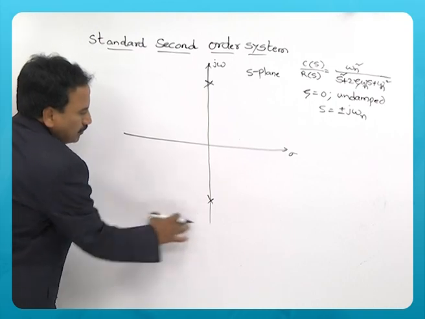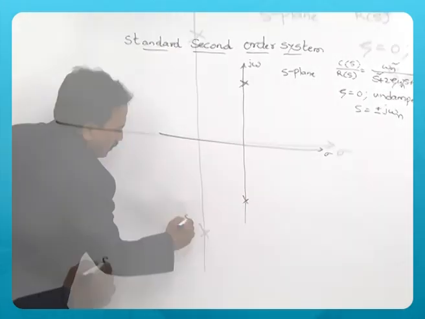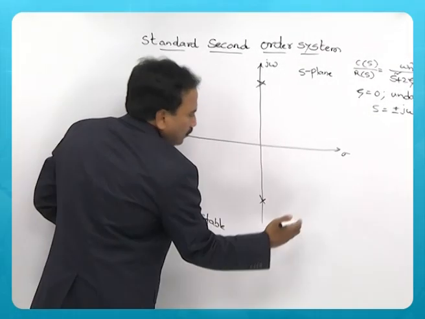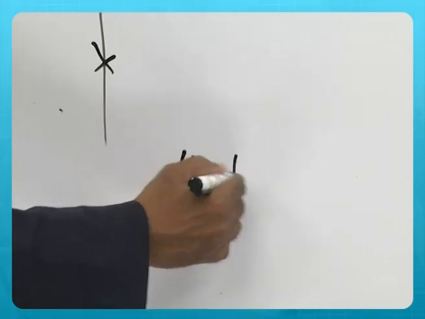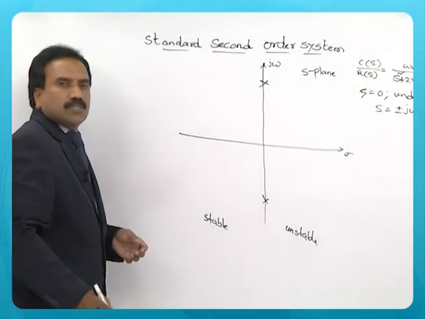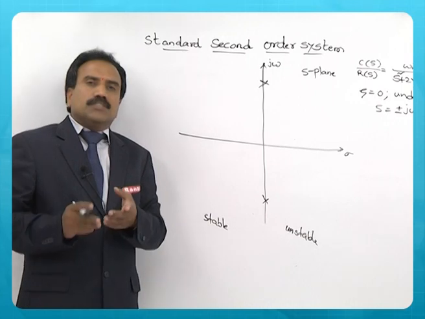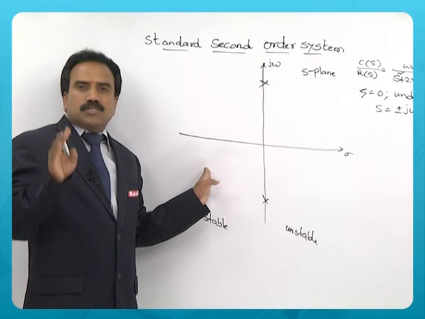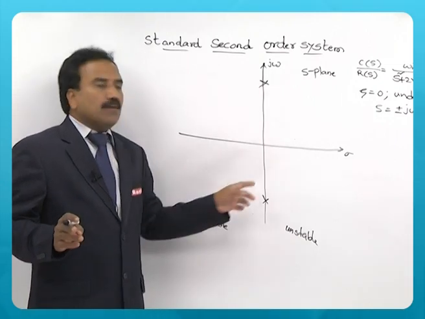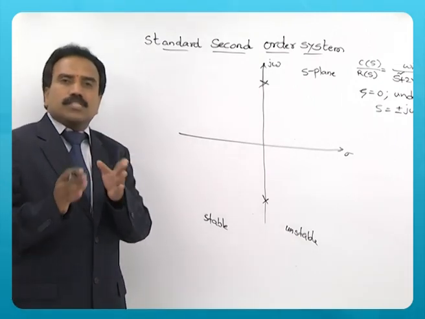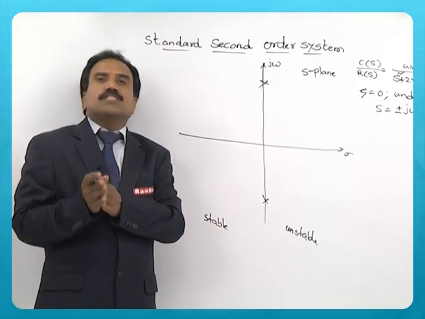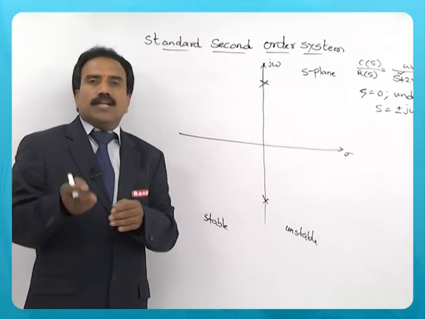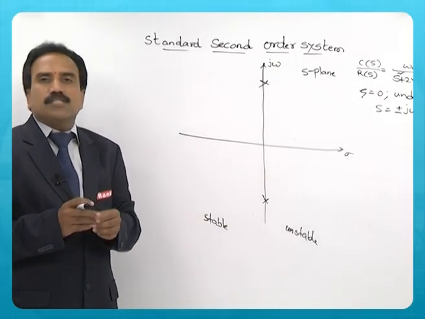The left half of the s plane is generally called the stable region, and the right half is called the unstable region. That means the closed loop poles of the system must lie in the left half of the s plane for the system to be stable. If any roots are lying on the imaginary axis, the system is on the verge of instability. Beyond the imaginary axis, if any pole is in the right half, we say that the system is unstable.